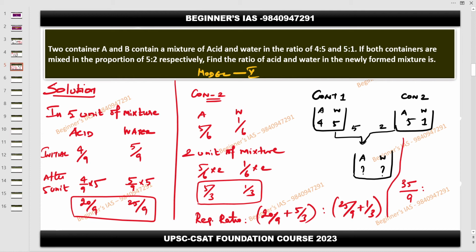Yes, 35 is to 28, means 7, 5 is to 4. Sir, there 7 is 25. Means 5 is to 4. So here 20, 8, 28, 28 by 9. Then 9, 9 cancel. 35 is to 28. Then which table? 7 table. 5 is to 4.